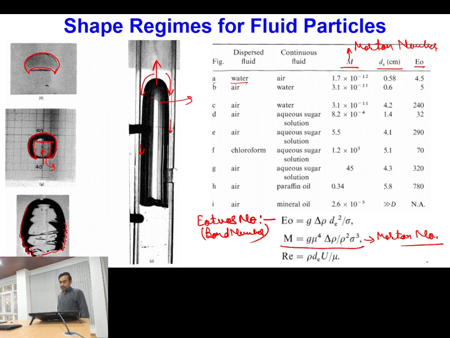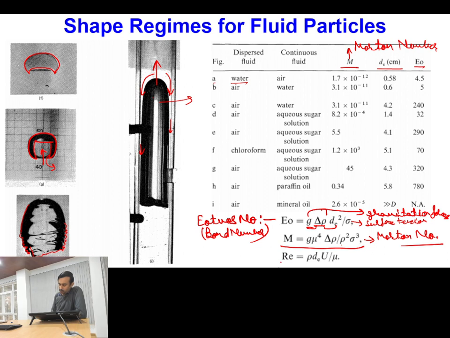You can see that this number is nothing but delta rho g d equivalent squared over sigma. It represents the effect of gravitational forces. Once you compare the interplay of gravitational forces with sigma, what does sigma represent? Surface tension force. So if you compare the interplay of gravitational force and the surface tension force, whatever number we get, we call either the Eötvös number or the Bond number.